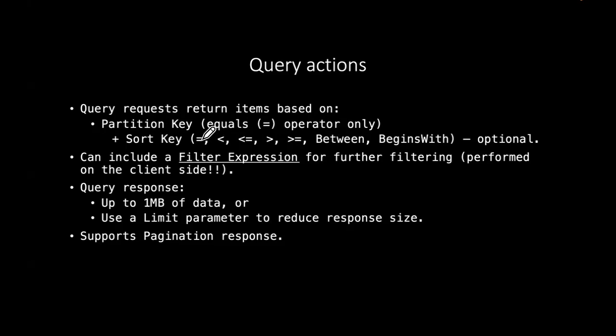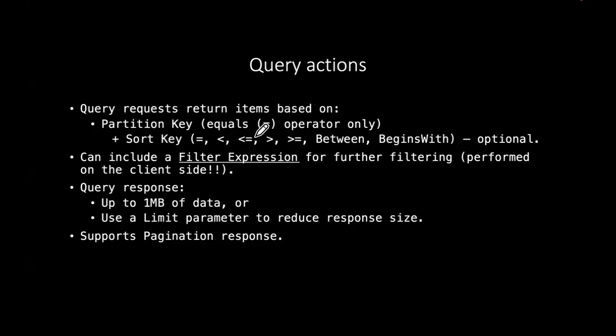Of course, if you specify equals, then you're only looking for one item, because you're now saying the partition key has to be equal to 1, 2, 3, 4 and the sort key has to be equal to ABC. So that'll either match one item or no item. If you're using these other operators, then you're getting a collection of items, and each item in that collection will have the exact same partition key.